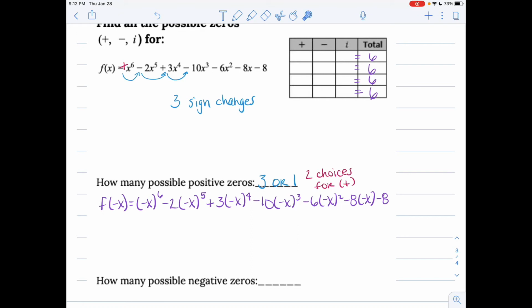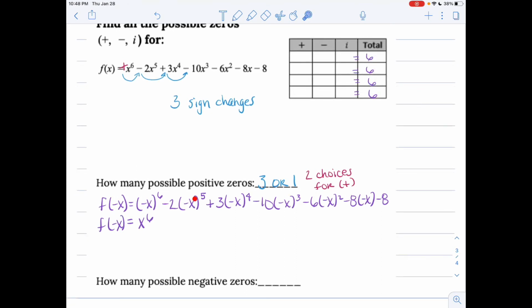If I have an even number of negative x's, that means that I can pair them up in pairs of 2. A negative x times a negative x is 1 pair, and that makes a positive, and I can do that 3 times. So overall, this is going to be a positive x to the 6th. For the next term, I have an odd power. I can pair up two sets of two negative x's that will end up being positive, but I have a fifth left over.